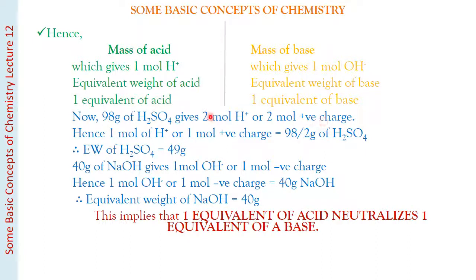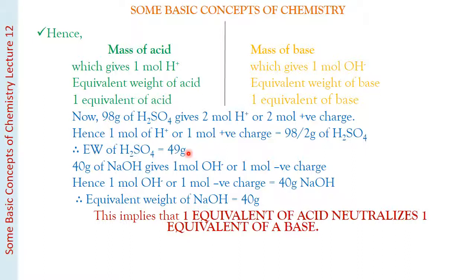But what do we need? We need the mass of the acid which will give us 1 mole of H+ ions. So 1 mole of H+ ions or 1 mole of positive charge would be given by 98 divided by 2 grams of H2SO4, and this would be the equivalent weight of H2SO4. So the equivalent weight of H2SO4 is 49 grams.